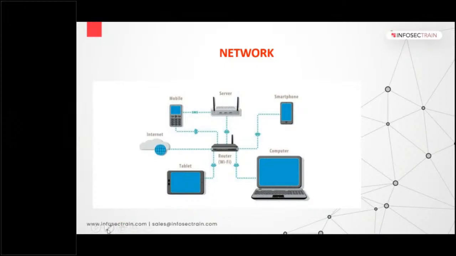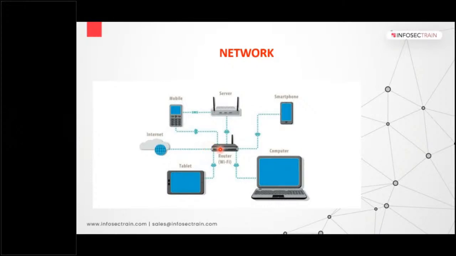Correct. So we have a network. Now, network is what? As you can see over here, this is a smartphone, this is a server, right? We have a router, we have a mobile phone, a tablet and a computer. These all are connected to the router, and we are connecting to the internet, right?